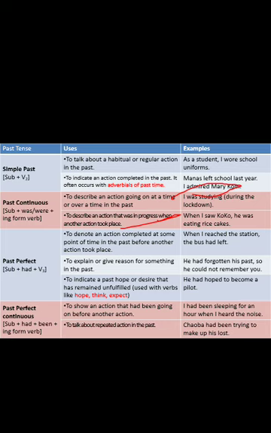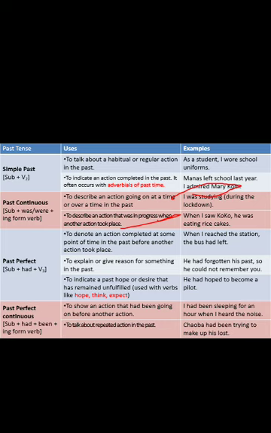Okay. So here you can ask one question. Present perfect tense is also used to denote any action which is completed at some point of time. Then how can we distinguish between past perfect and present perfect?